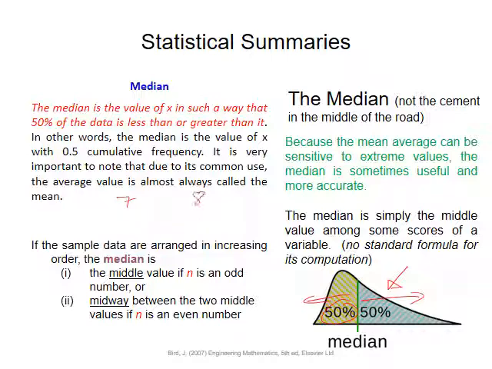If you have 8 samples, this is even. With 7 samples, item number 4 is the median, because there are 3 samples before and 3 after. But for even, we take items number 4 and 5, because they are in the middle, add them and divide by 2 to give you the median.